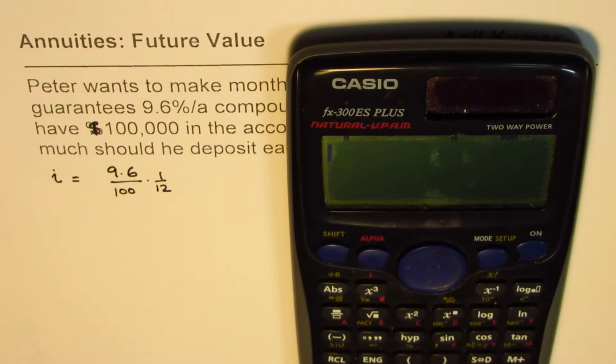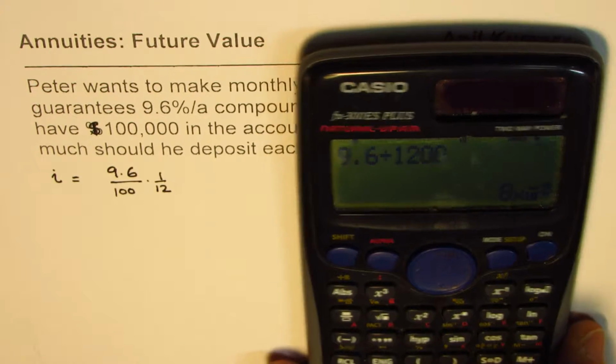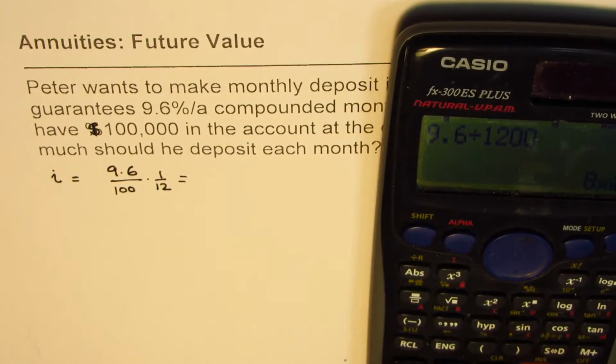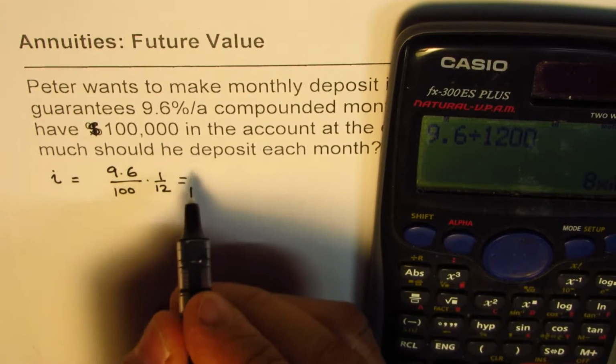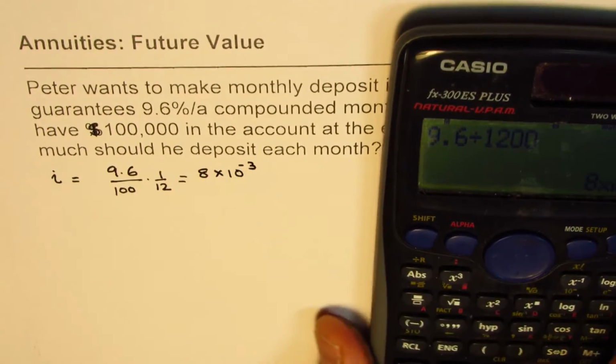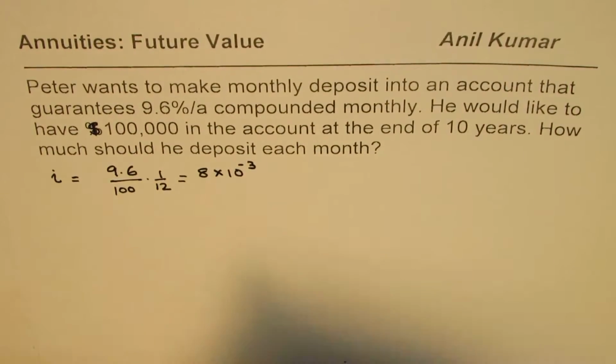So let's calculate this. It is 9.6 divided by 1200, which in decimals is 0.008, right? So it gives you 10 to the power of minus 3.